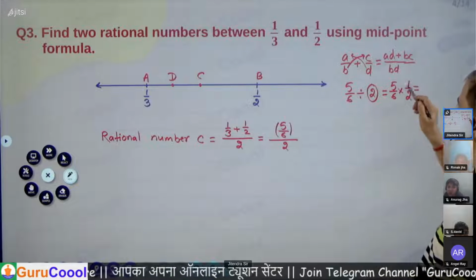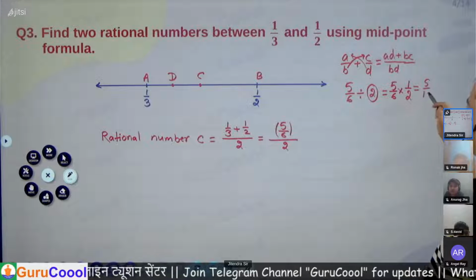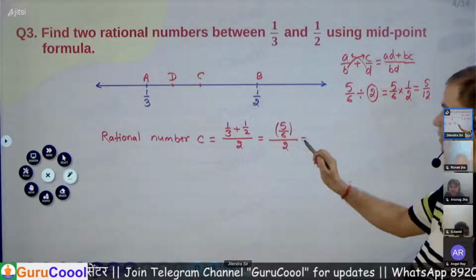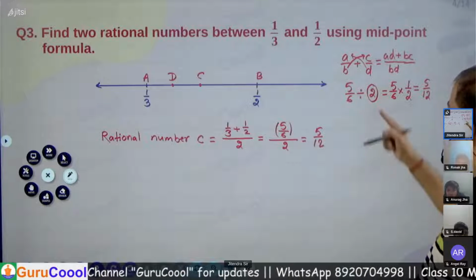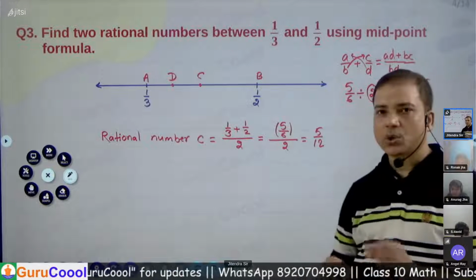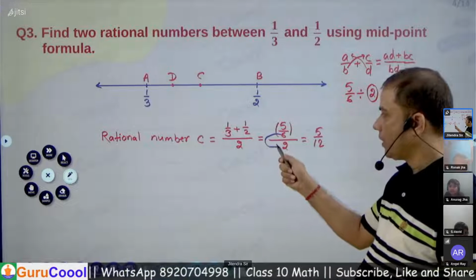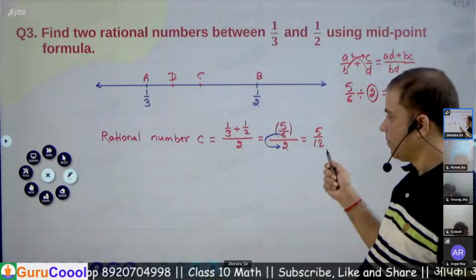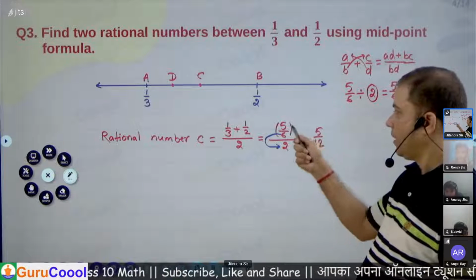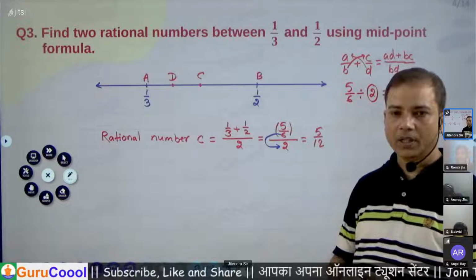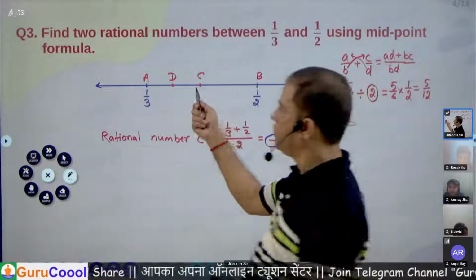And finally, you will get 5 1 are 5 in numerator, 6 2 are 12 in the denominator. This is 5 by 12. This is the way you can do it, but in shortcut, you can directly take 6 to the denominator to multiply. That's it. 6 comes in denominator, 6 2 are 12, and 5 in the numerator. Done. 5 by 12. This number is 5 by 12.